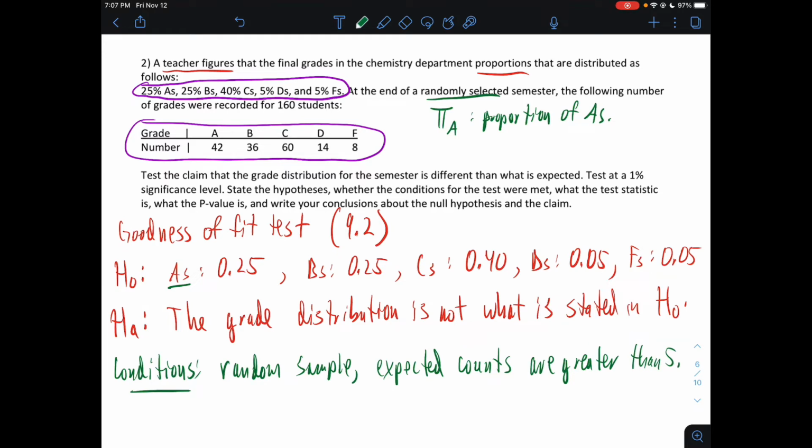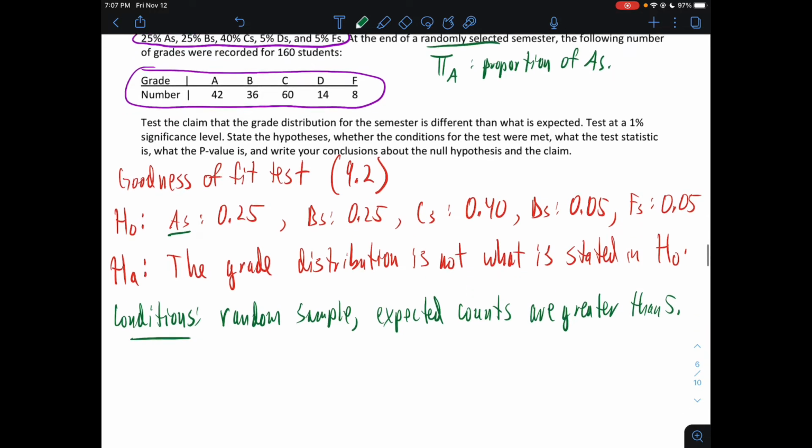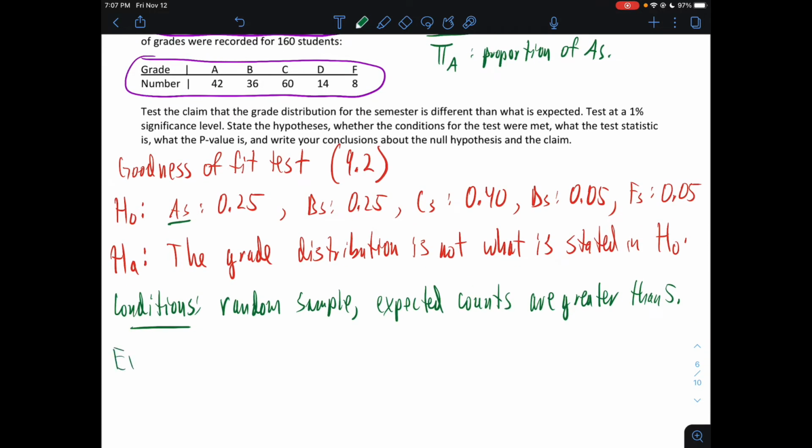So how do we find our expected counts in this case? Much easier than the previous problem. It's just taking the proportions from the null hypothesis and multiplying them by the total of our sample, in this case 160 students.